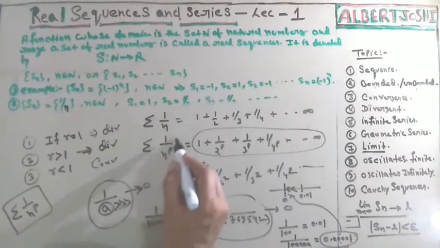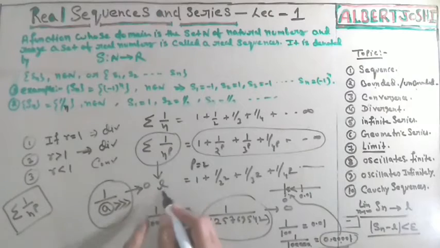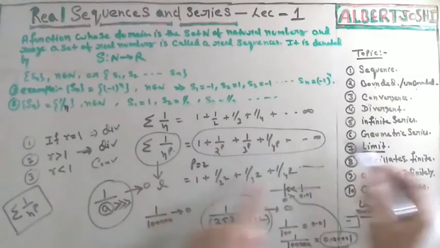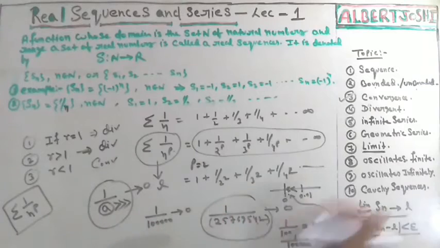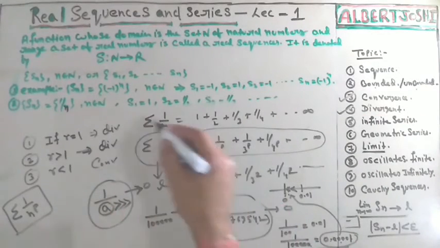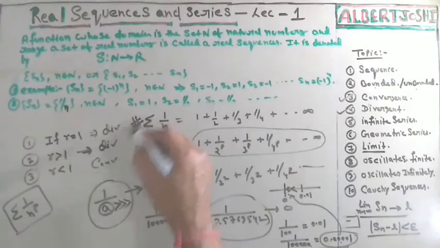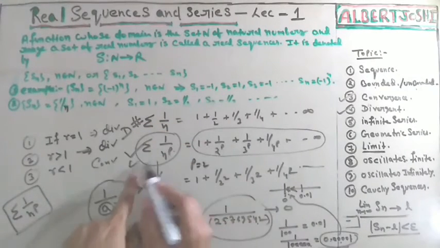It means that whenever your series goes to a finite value, this series will be convergent. Converge means you are getting a finite value, and divergence means you are not getting a finite value. So this is the divergence, but this is convergence.